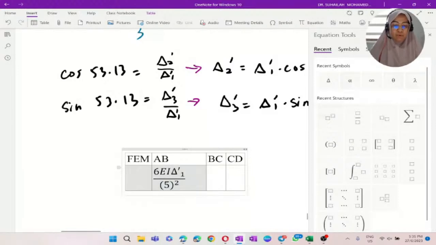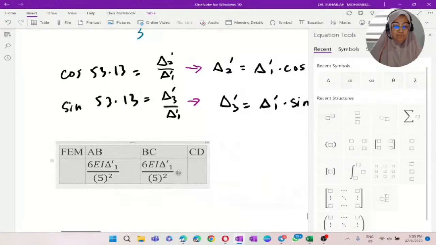For member BC, we use delta 2 prime, and for member BC we have to multiply by 2. The length for member BC is 6 meter.